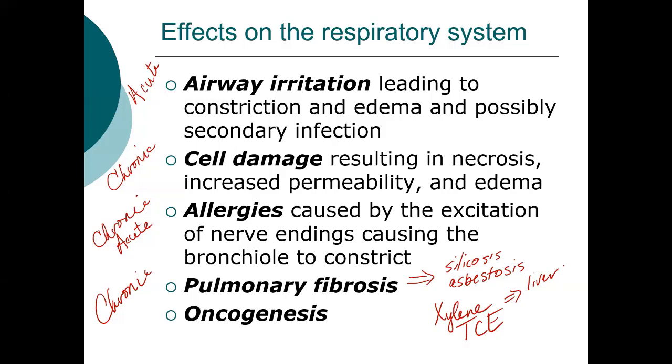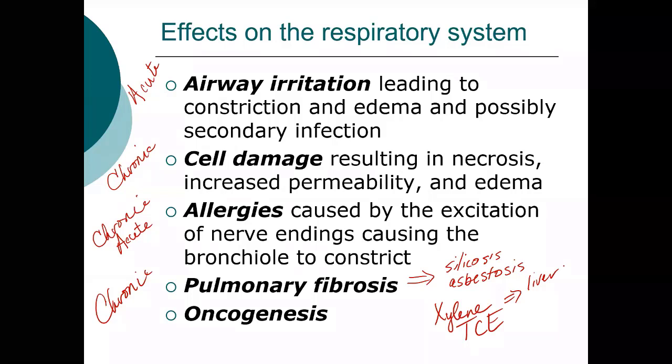So the effects on the respiratory system can be relatively localized, or they can be much more systemic in the body. They really target organs, for instance, such as the lymphatic system or the liver, and can result in cancer.